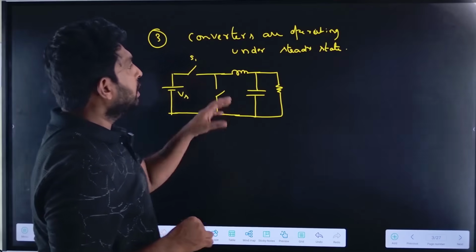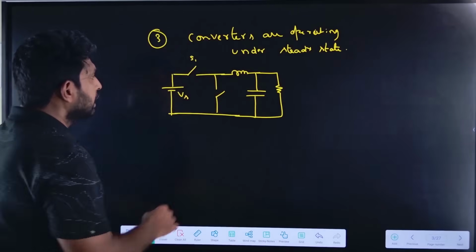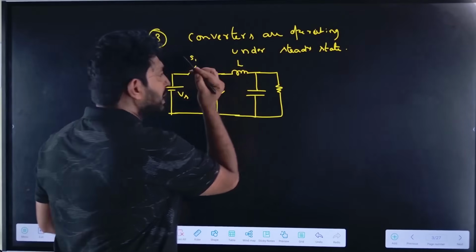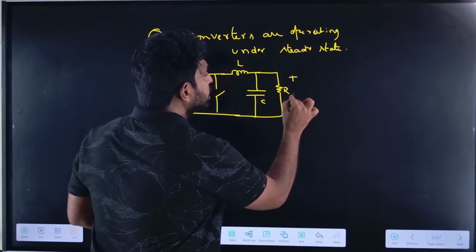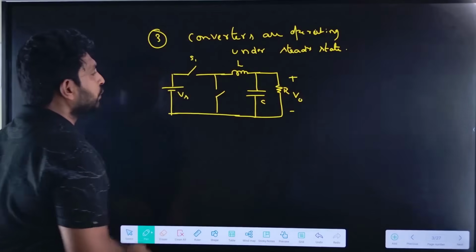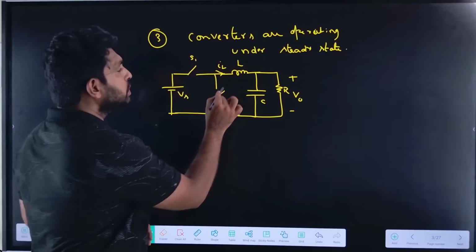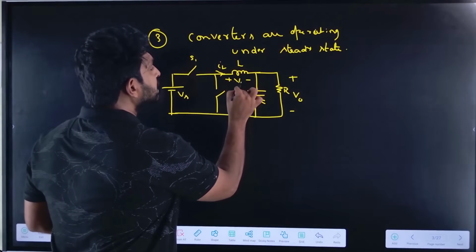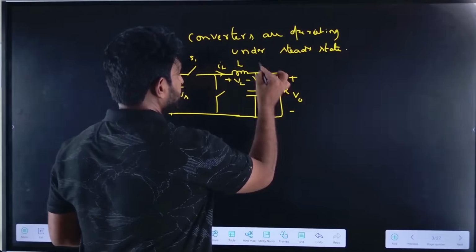Let us see what the steady state of the converter is. Here we are assuming that the inductor is L, the capacitor is C, the load is a resistive load and the output voltage is V0. Let us assume that IL is like this. VL is assumed positive in this direction, and IC is in this direction.